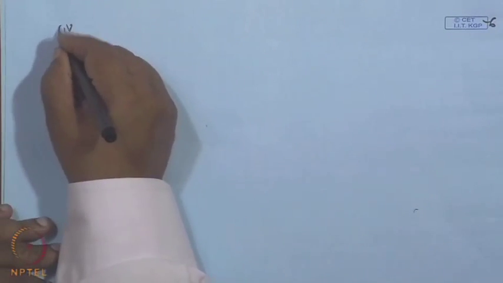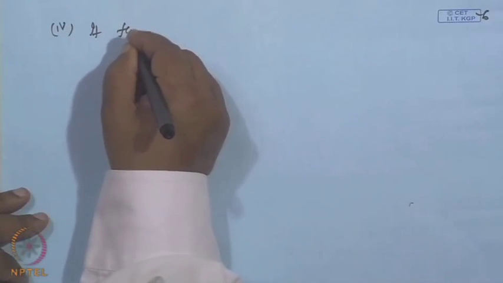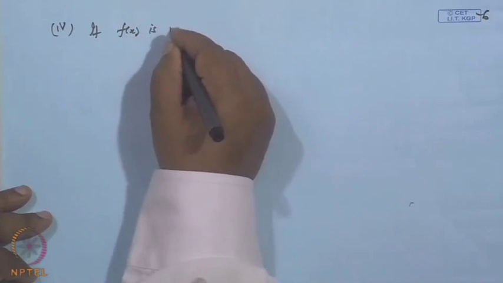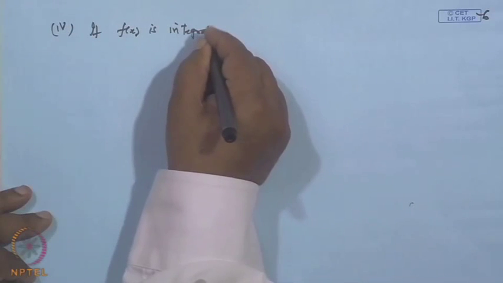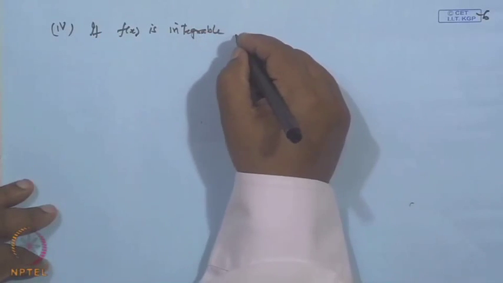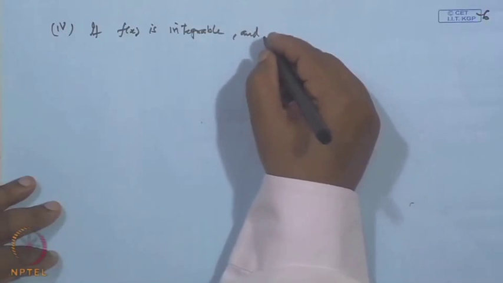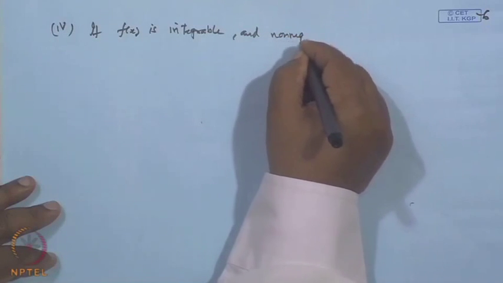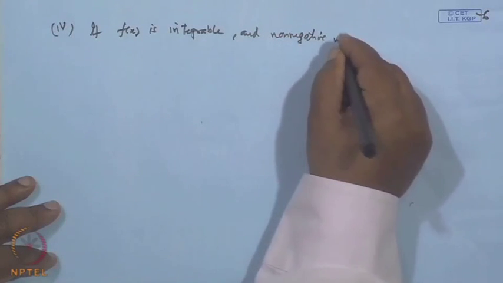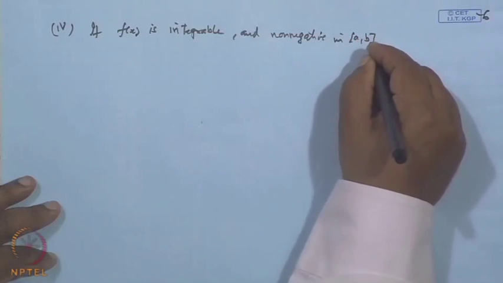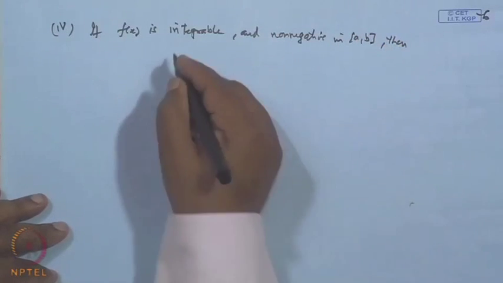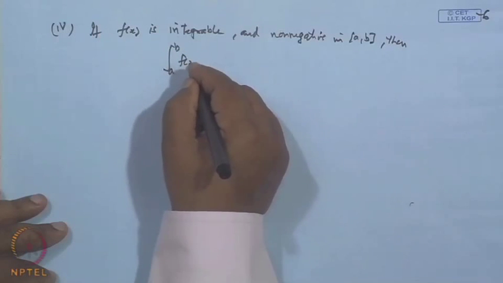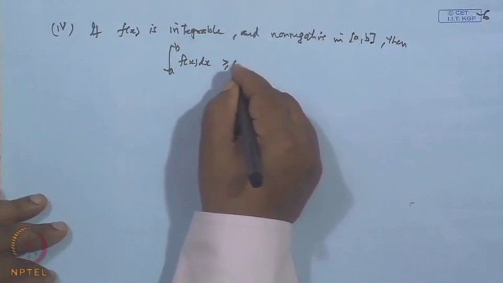Now, the fourth property is: if f(x) is integrable and non-negative in the interval a b, then the integral from a to b of f(x) dx is greater than or equal to 0.